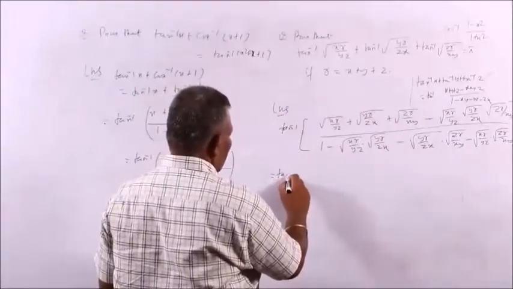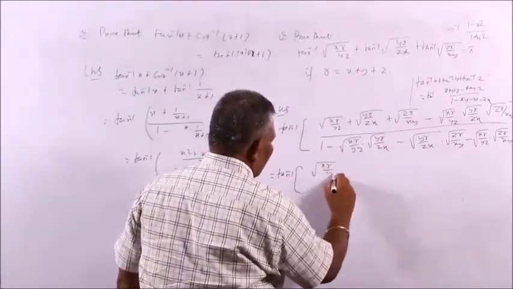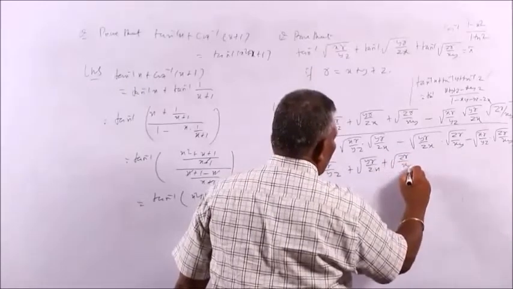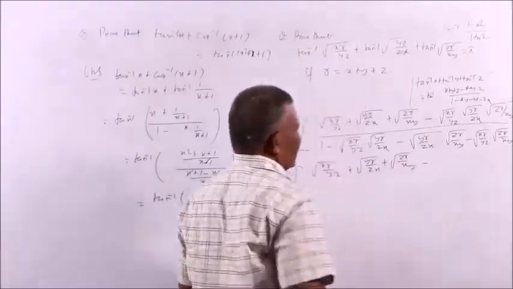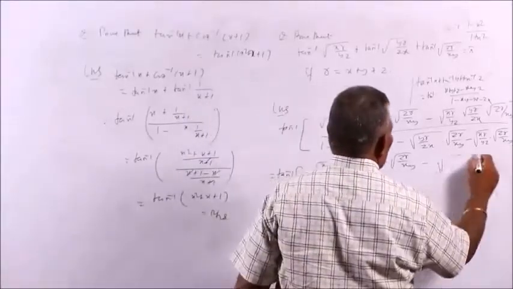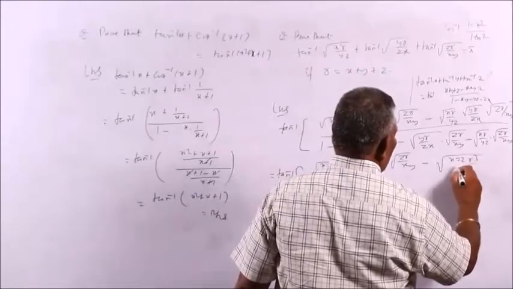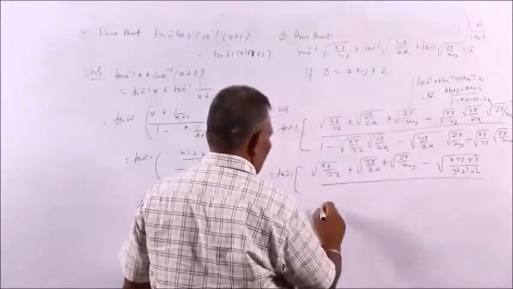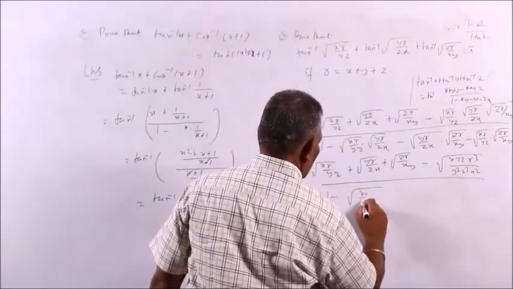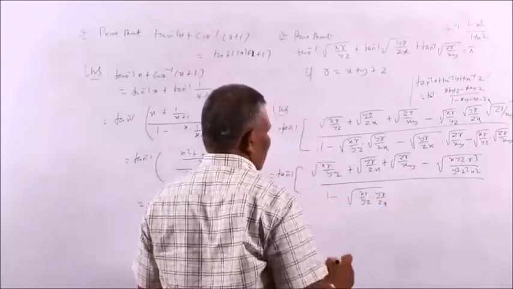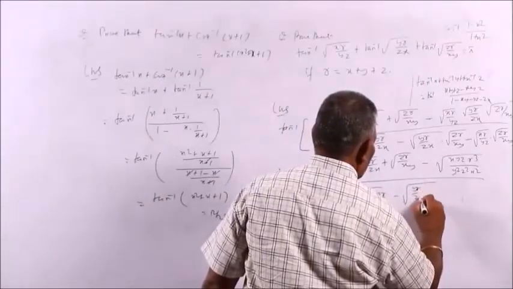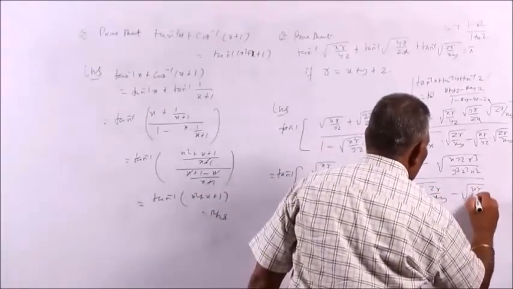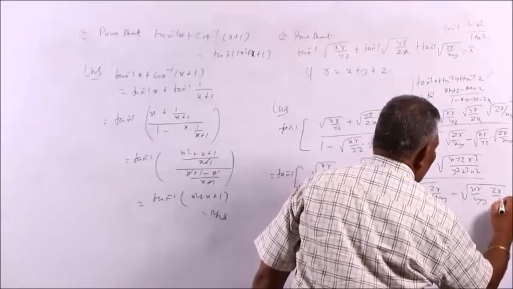So that is tan inverse of root over of xr by yz plus root over of yr by zx plus root over of zr by xy minus, multiplying all these three quantities, xyz r cube divided by y square z square x square, whole divided by 1 minus root over of xr by yz into yr by zx, minus root over of yr by zx into zr by xy, minus xr by yz into zr by xy.